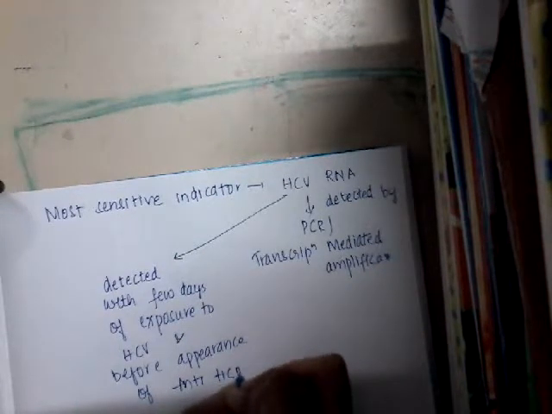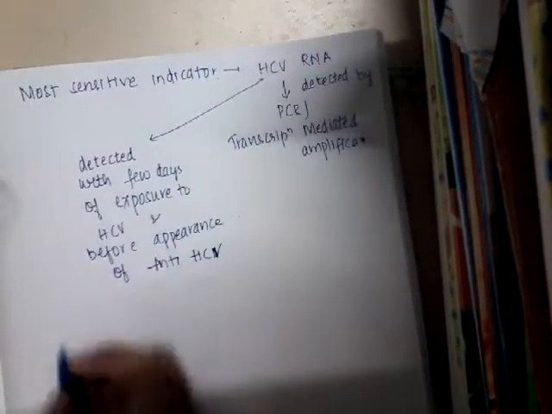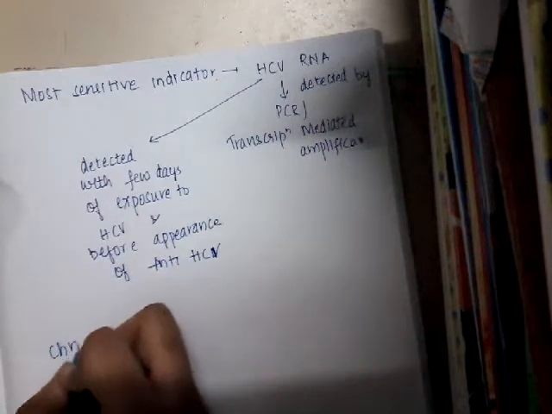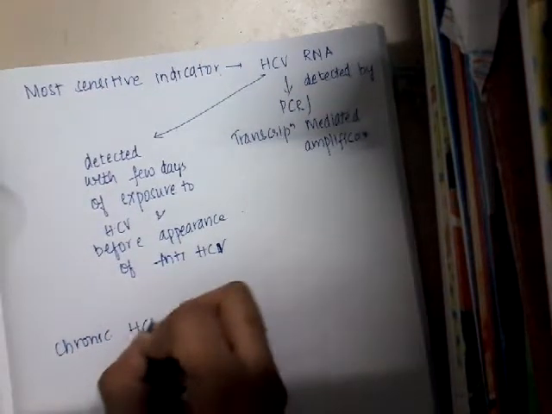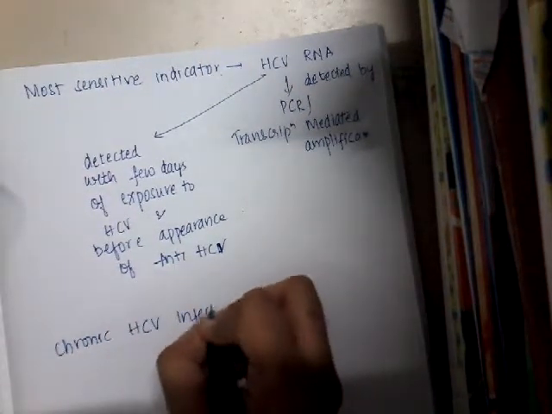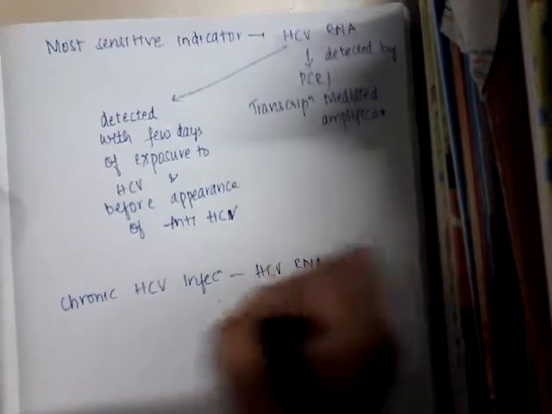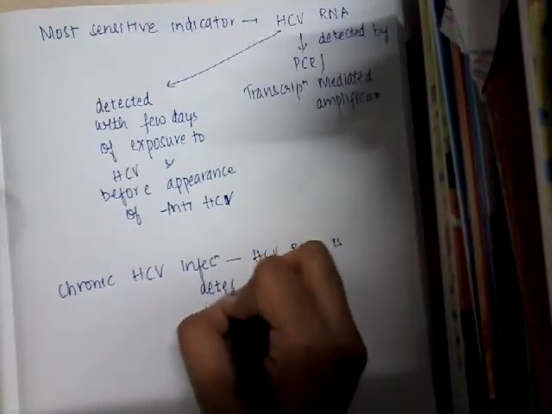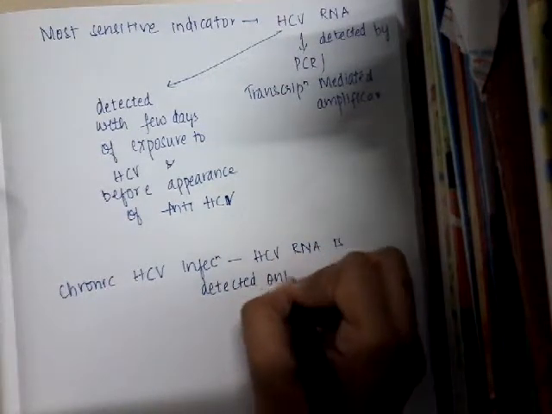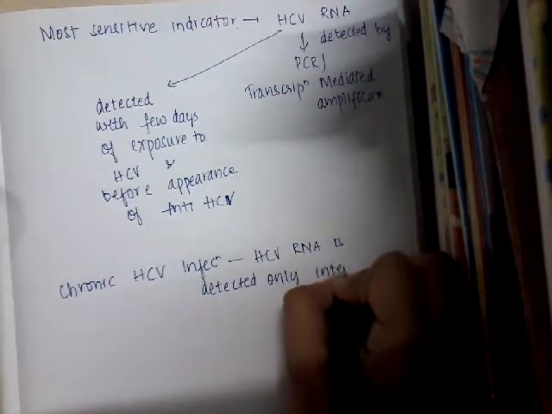But the main problem here is if there is chronic HCV infection, the HCV RNA is detected only intermittently, not continuously.